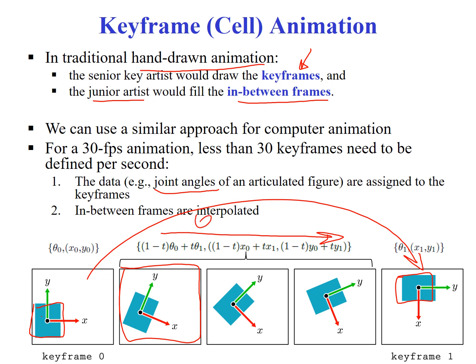So theta naught becomes smaller and smaller, and theta 1 becomes bigger and bigger until theta 1 is the only value that remains here. And the same goes for the x1 and y1 position of the object.